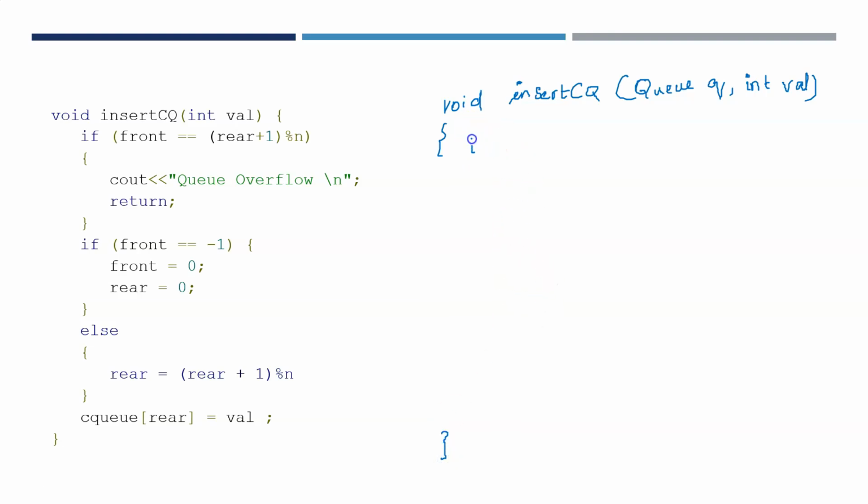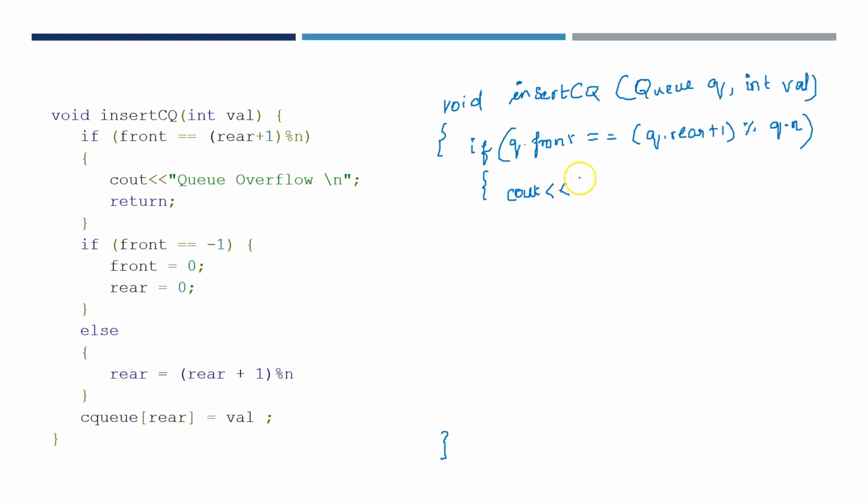And I'm replacing the same code but with the concept of structure. Queue front, because this is a queue here, so front equal to rear plus 1 mod q dot n, because all these are elements of a structure.